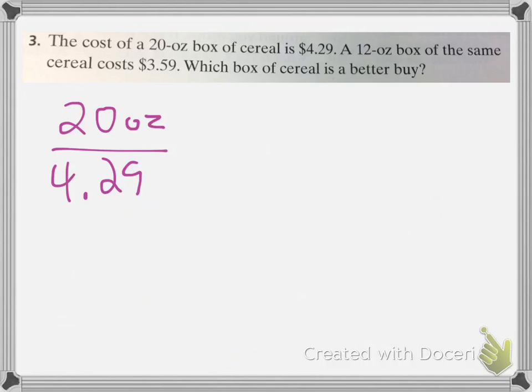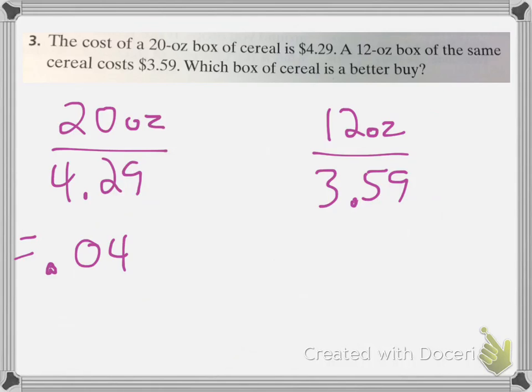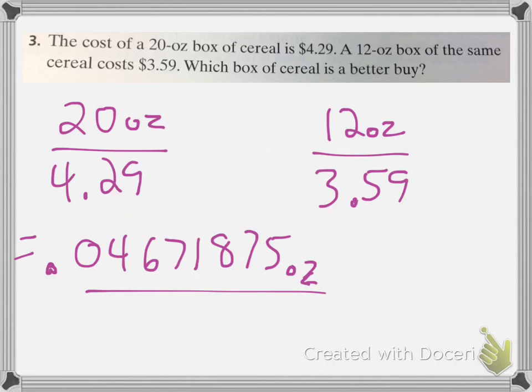And so what we want to do is figure out how much it costs per ounce. So we're going to find the unit rate of each box. So over here I'm going to do 12 ounces over $3.59. Now we're going to do the same steps. We're going to just divide. 20 divided by $4.29 is 0.0467187 ounces per 1 cent.